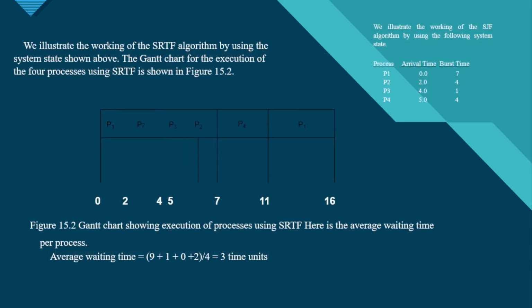Now you can see the illustration of the working of the SRTF algorithm by using the system state shown above. The Gantt chart for the execution of the 4 processes using SRTF is shown in figure 15.2. In non-preemptive scheduling, the process will continue its execution until its termination. We cannot forcefully remove that process from the CPU in between its execution.